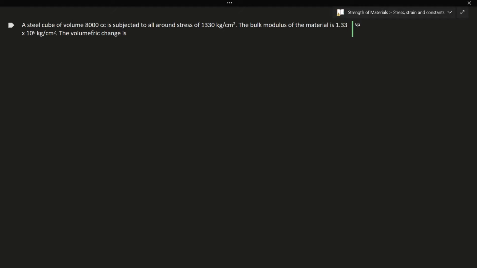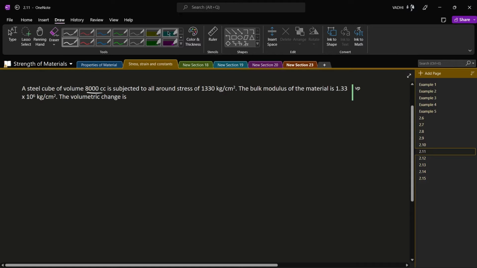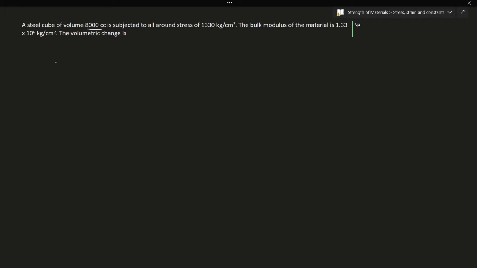So we have a steel cube of volume 8000 cc. So let me just change the color of my pen here. I'll just go with yellow. Okay, so here the initial volume is given as 8000 cc, is subject to an all around stress of 1330 kg per centimeter square.